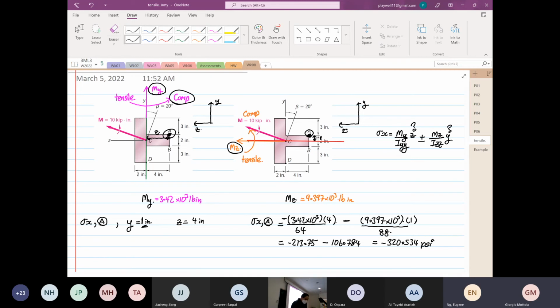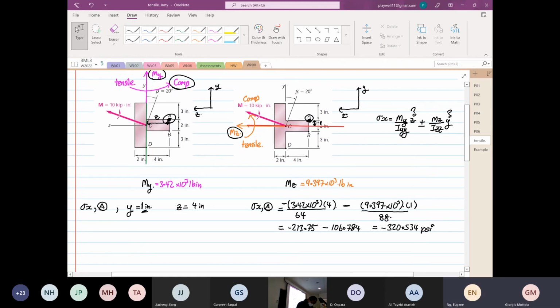Then the next one, stress X at point B. Y is also 1 inch from the centroid. Z is the same Z distance, which is 4 inch.